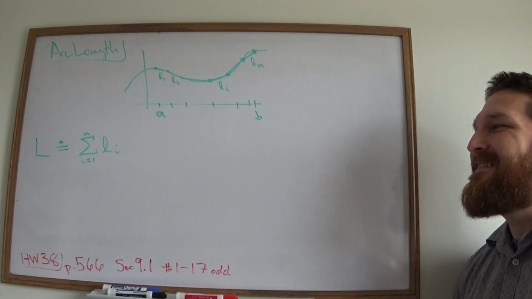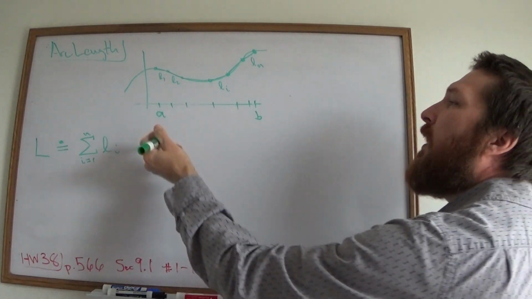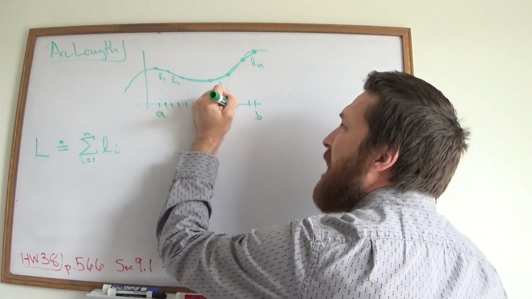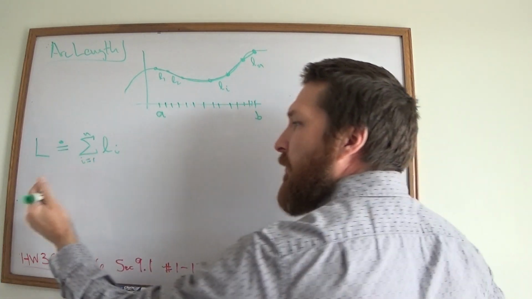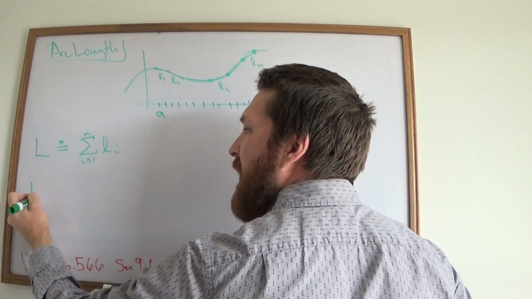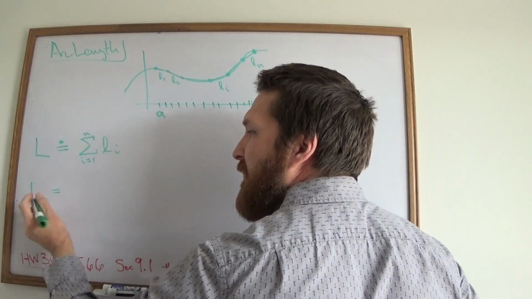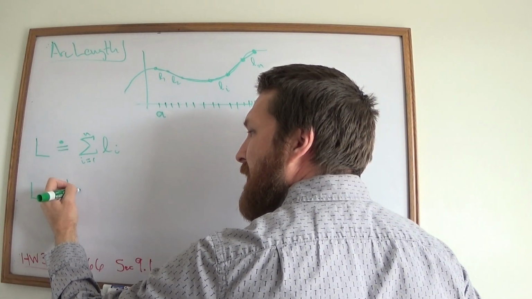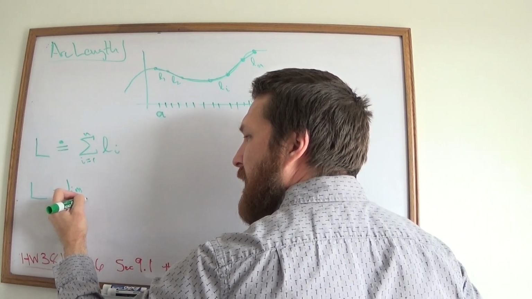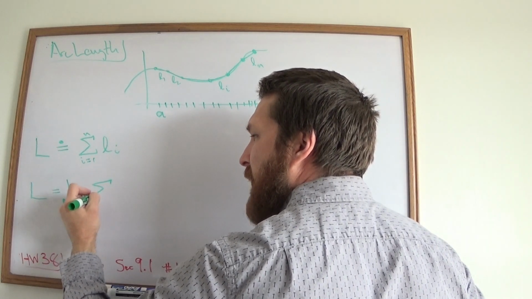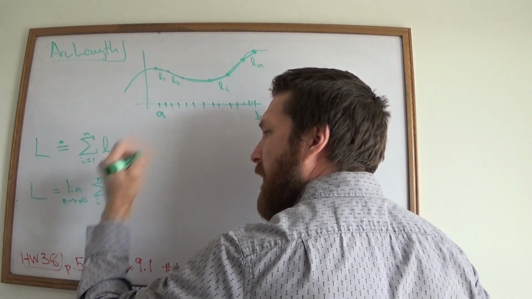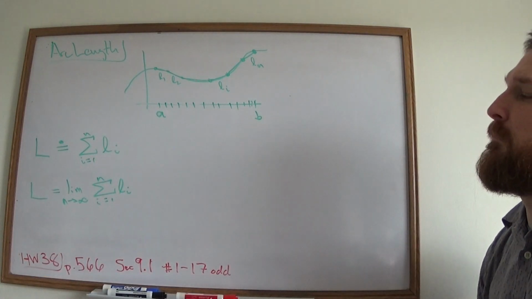Let n go up. We're going to say, you would get a better approximation if you chopped it up into finer and finer pieces. In other words, let's define the arc length to be the limit as n goes to infinity of this sum, as i goes from 1 to n, of all of the individual little lengths.